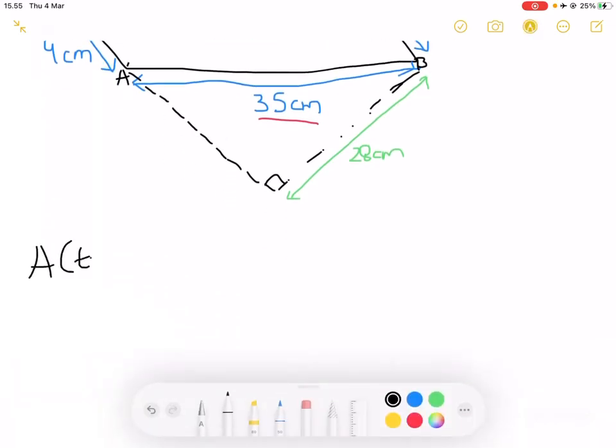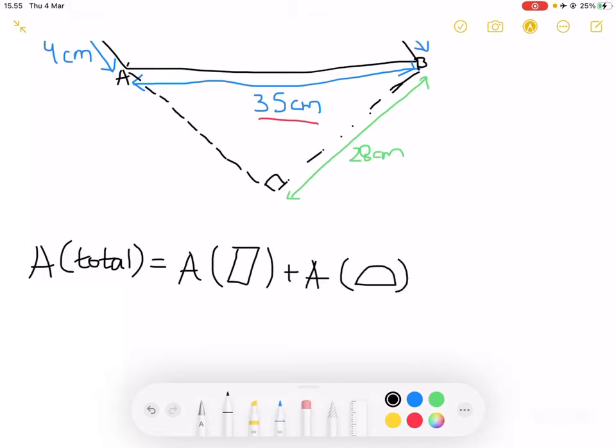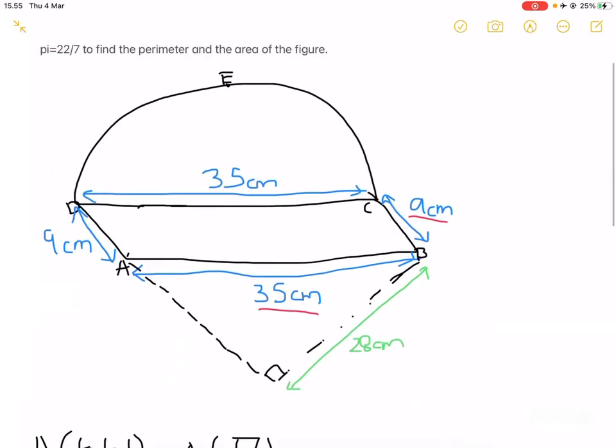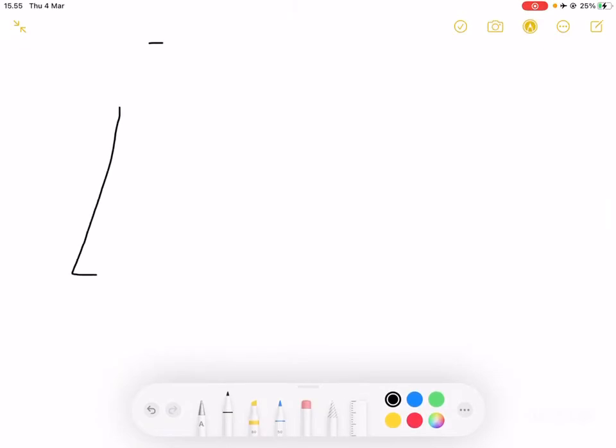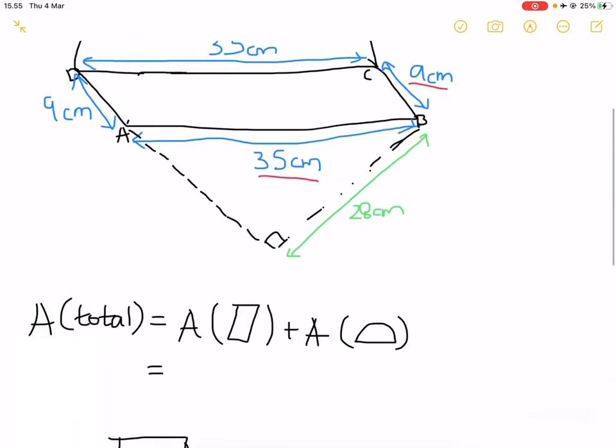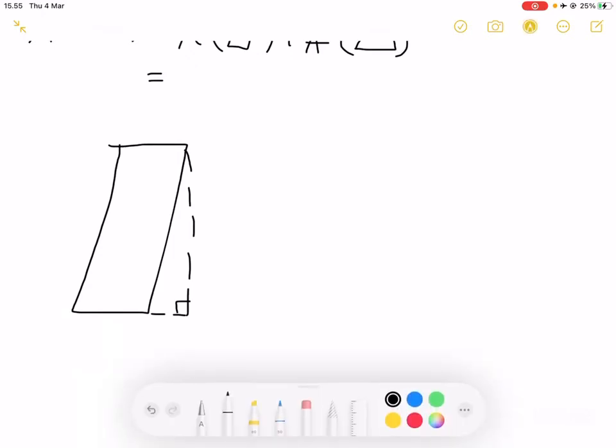So the total area will be the area of the parallelogram plus the area of the semicircle. Now for the area of the parallelogram, I'm just going to draw another diagram of this with the exact same dimensions. So I'm just going to rewrite all of this.